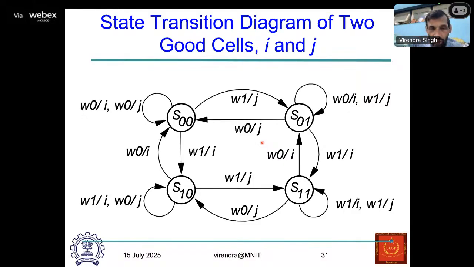So whenever there is a flip in this one, this transition may be the same. However, whenever there is a transition from the S10 state, that means your ith cell is holding 1, the jth cell is holding 0, and now when the jth cell is going to change to 1, in that case this will also make the ith cell 0.